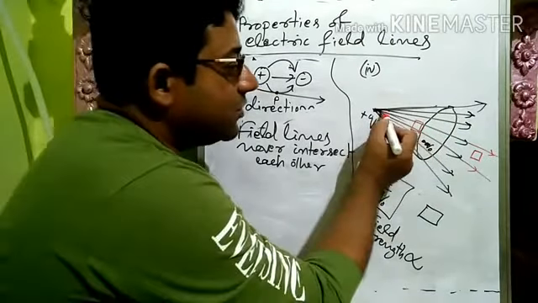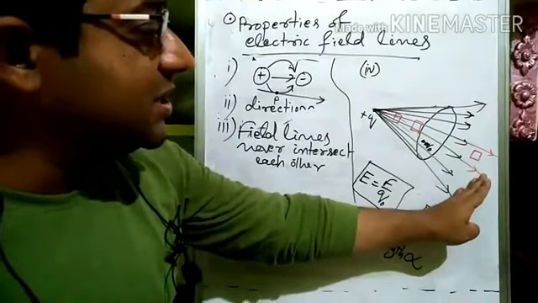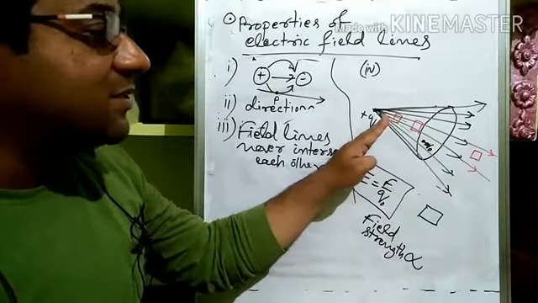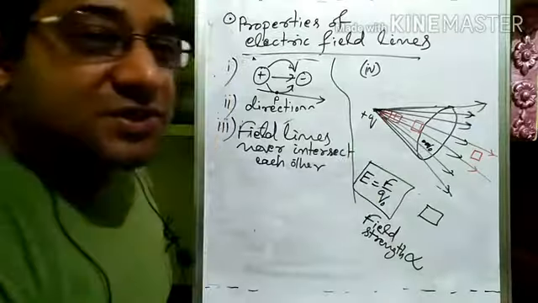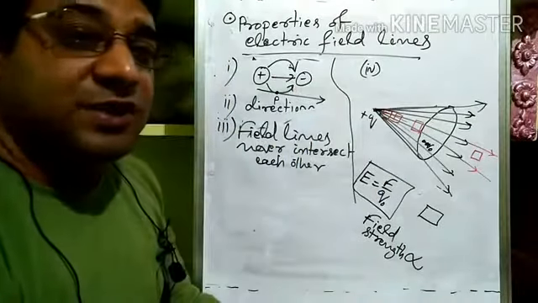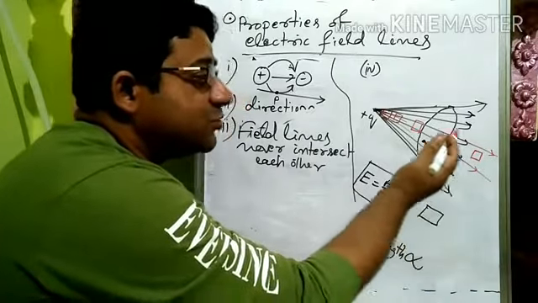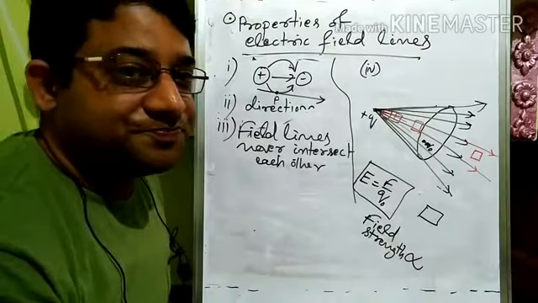If I bring it closer and closer, more and more lines will be passing. When I bring it very near, infinite field lines are passing through that, yes or no? Okay. So if I bring it closer to the charge, electric field strength is increasing, yes or no?